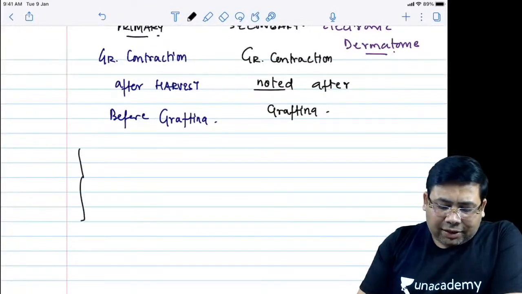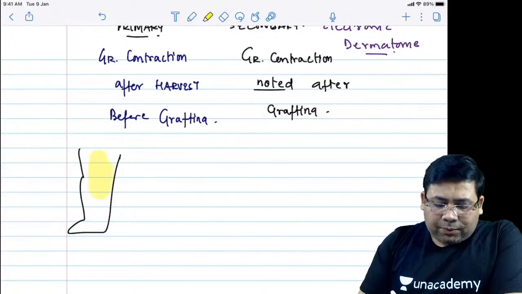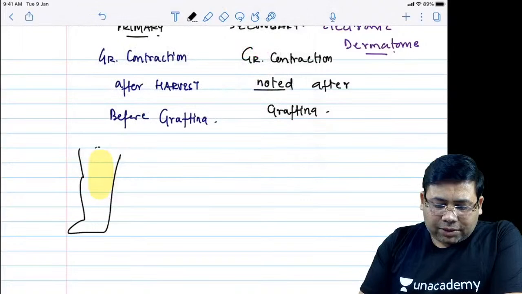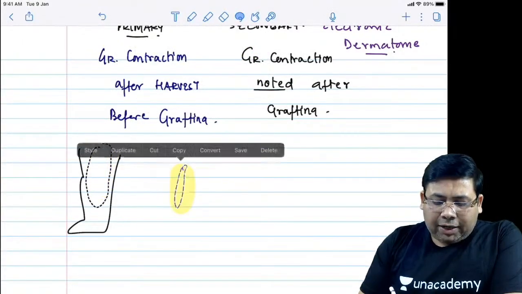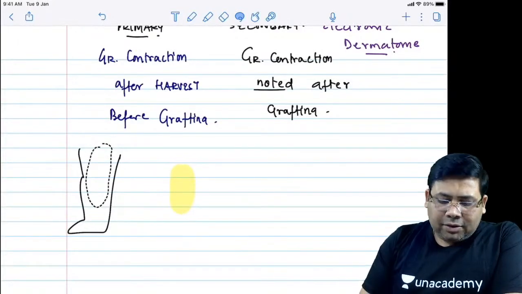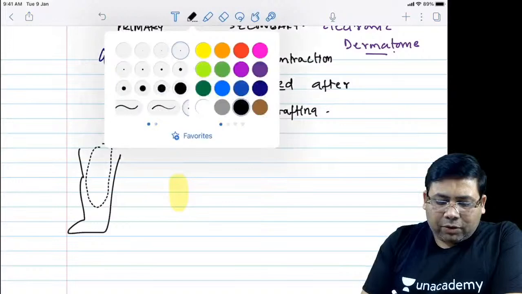So try to understand, suppose you take out a graft from this side. Let us take out a graft from this place. After you take out the graft, there will be some shrinkage. This is what is known as the primary contraction.